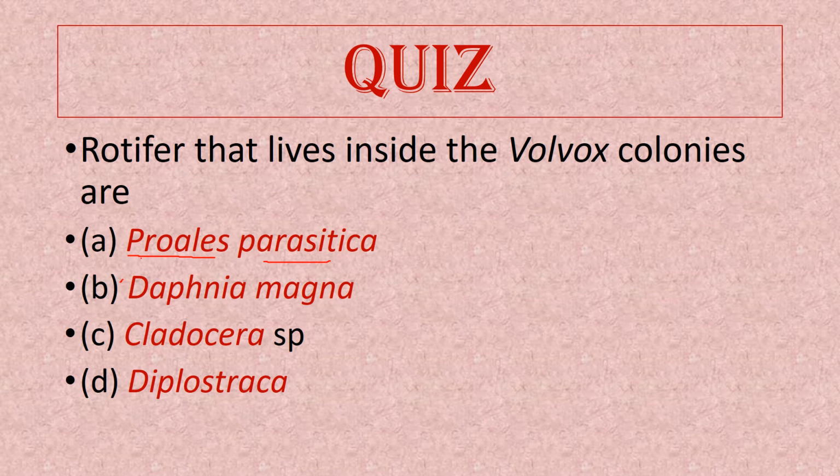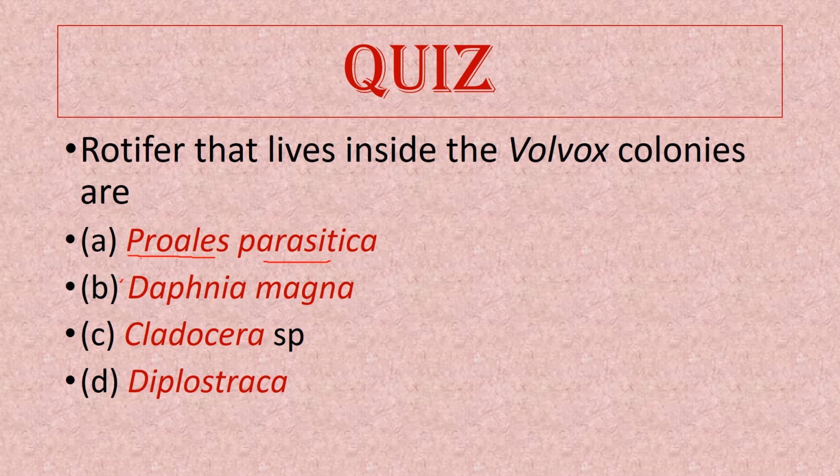This water bug lives inside the colony of the Volvox and feeds on the Volvox, and when it detects that the Volvox colony is dying, it moves out to hunt for another Volvox colony, where it creates a hole, enters that colony and lives as a parasite, feeding on the Volvox cells till that colony also dies.